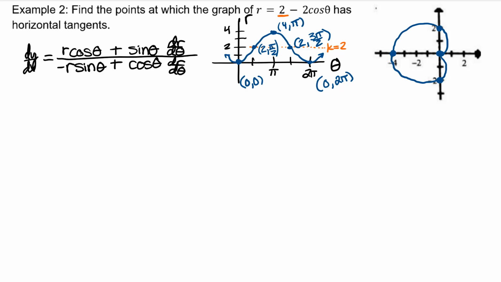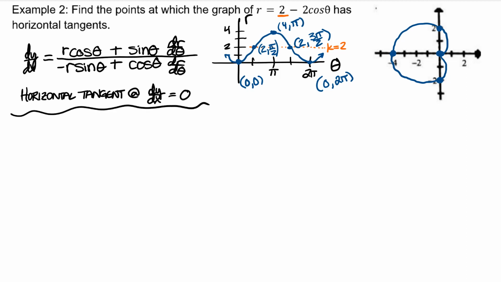To find the points on the graph where the limaçon has horizontal tangents, we're looking for where dy dx is equal to 0. First, let's find dy dx and then make it equal to 0. I have a value for r, and that is 2 minus 2 cosine theta.